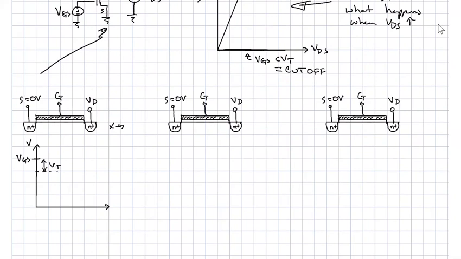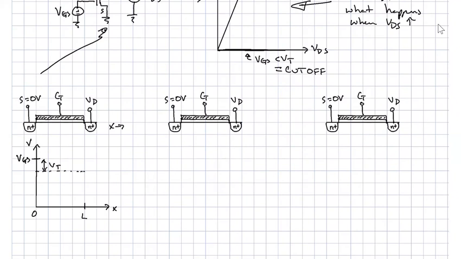And we can trace that over to the point where, if we label this as X, this would be X equals 0 at the source and X equals L, the channel length, at the drain. And then at the drain, we plot the voltage VGD, the voltage at the gate relative to the voltage at the drain.